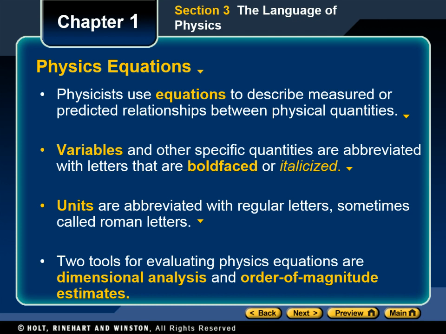Typically, variables and other specified quantities are abbreviated with letters that are bold-faced or italicized. The difference between the two is described in Chapter 2 of your text, Two-Dimensional Motion and Vectors. Units are abbreviated with regular letters, sometimes called Roman letters.